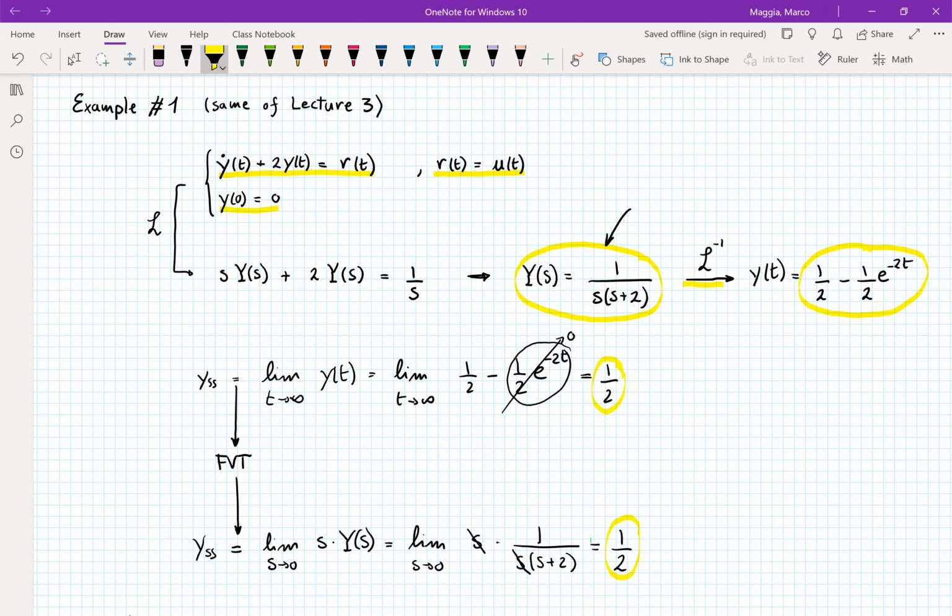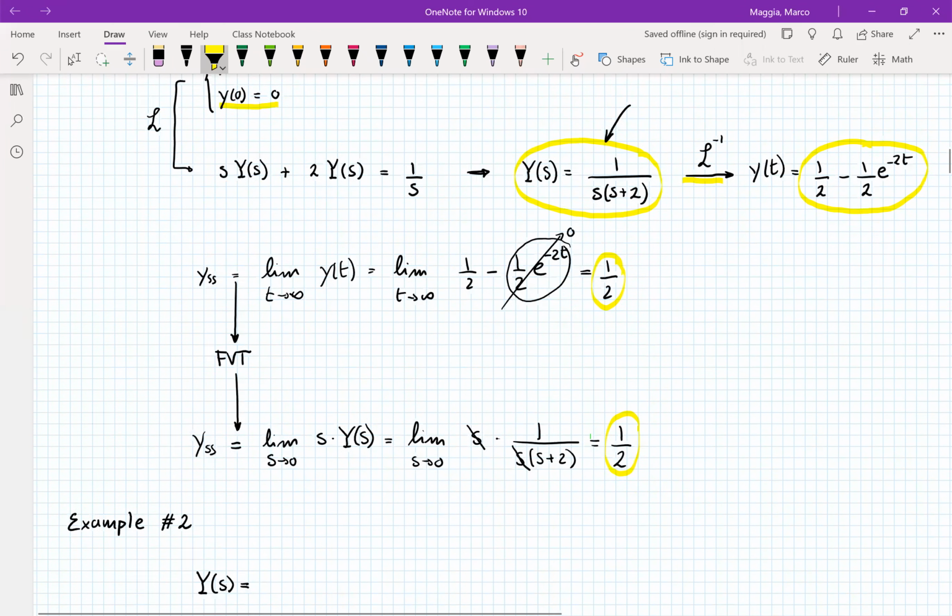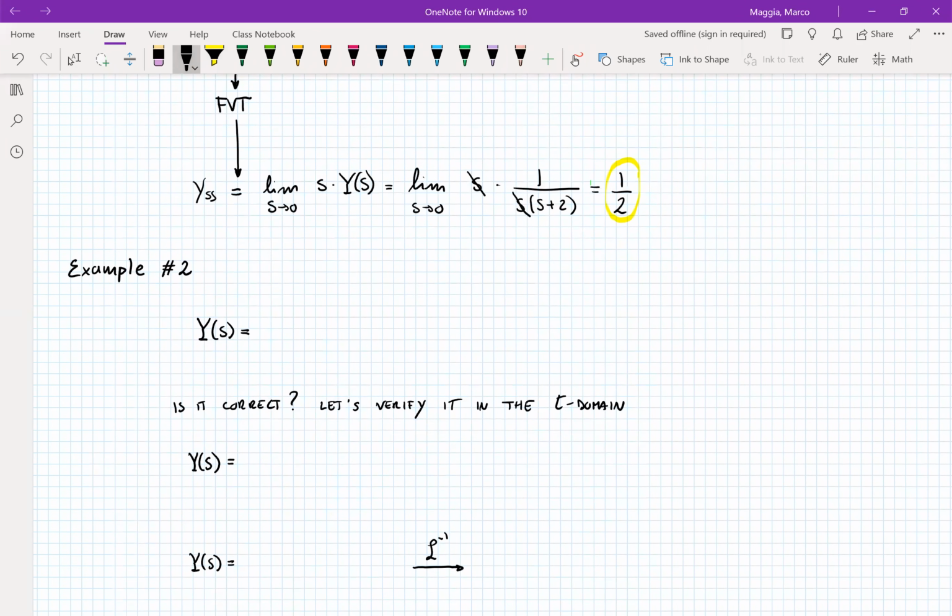Let's now take a look at an example in which this doesn't really happen. So let's consider this function in the s domain, 1 over s times s minus 2.